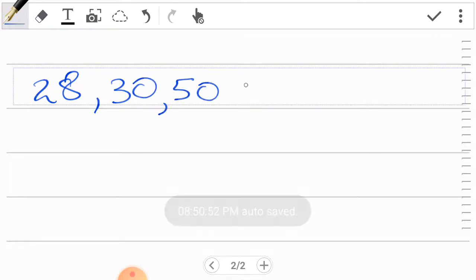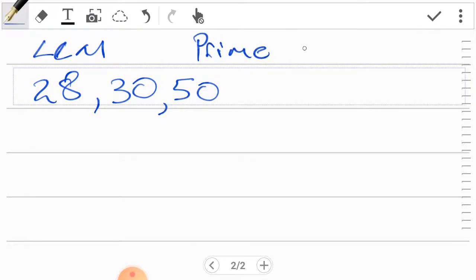It's our intention to find the LCM of all these numbers. One of the things we could use is the prime factors. Using the prime factors could help us find the LCM easily, especially when the numbers are big and the listing gets more difficult. So let us look at the prime factors.